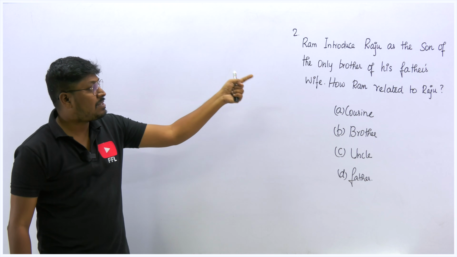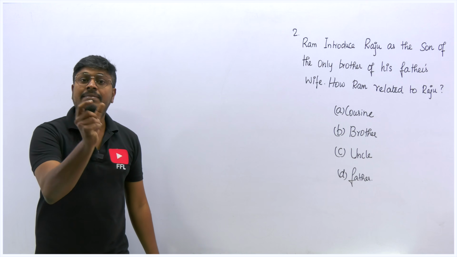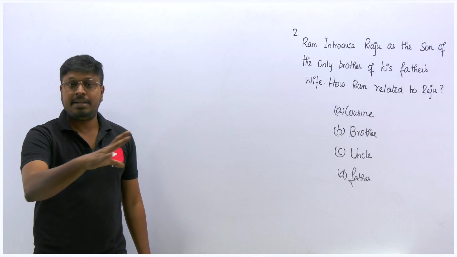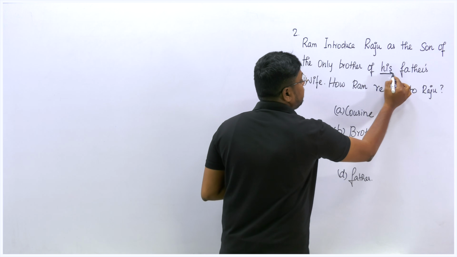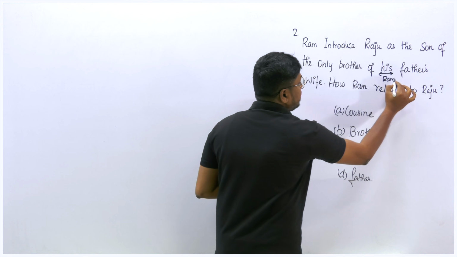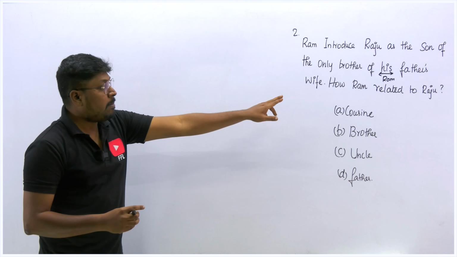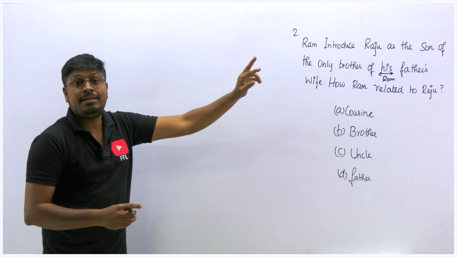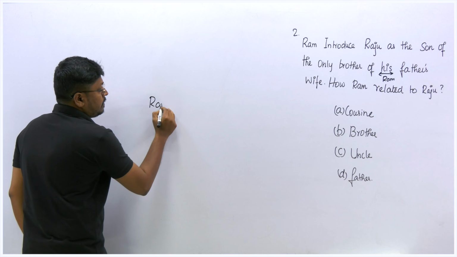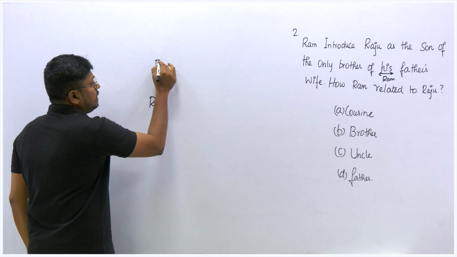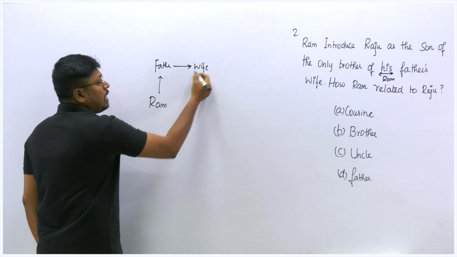So check: the son of the only brother of his father's wife. His father's wife, that means the complete sentence is spoken by Ram, so this word represents Ram. So this is the clue. Using this we can start drawing the tree diagram. So Ram's father's wife, that means Ram's father's wife, right? First Ram, Ram has a father, and this person's wife means Ram's mother, right?